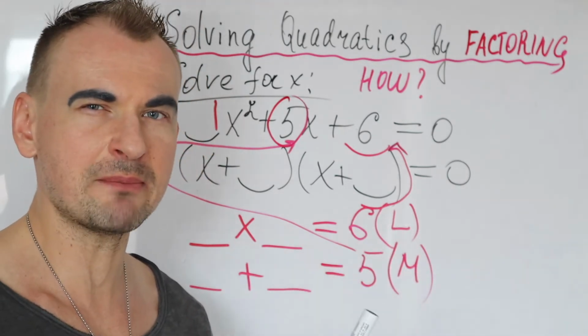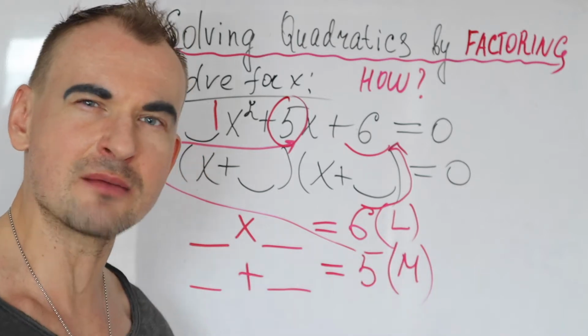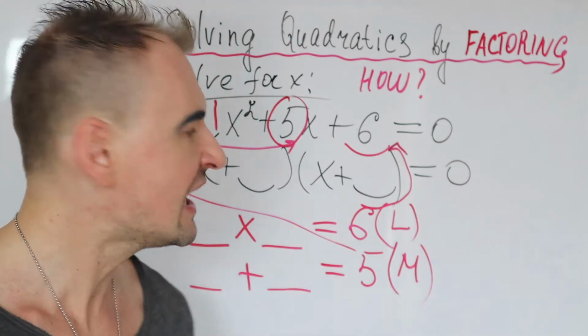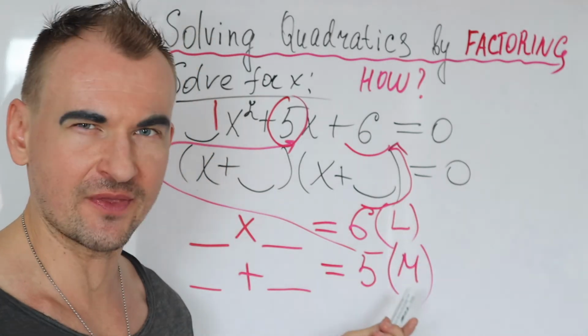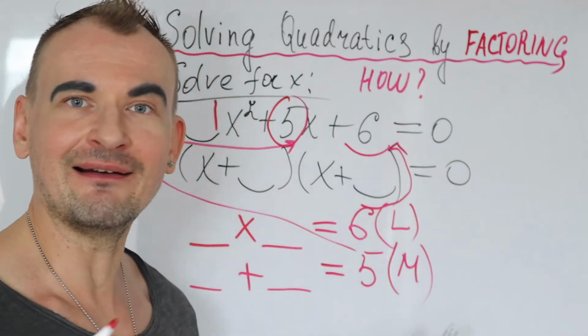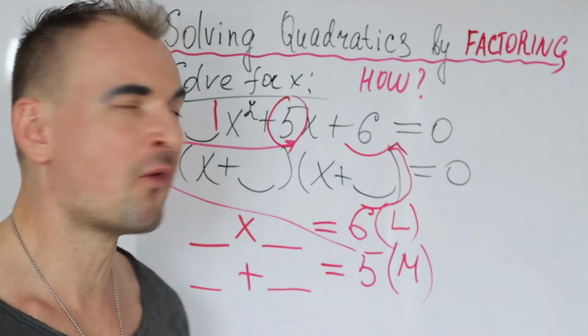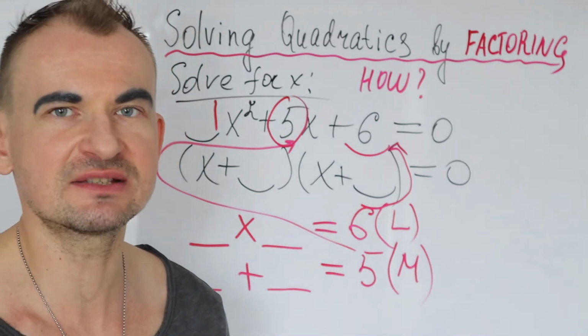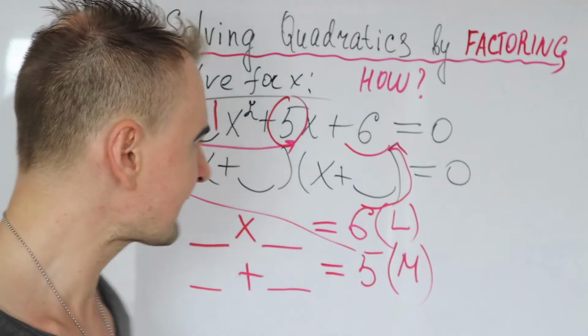You might remember it this way: L comes first, which stands for last, and M comes second in the alphabet, after L, and M stands for middle. It's a mnemonic device or mnemonic trick, if you like.